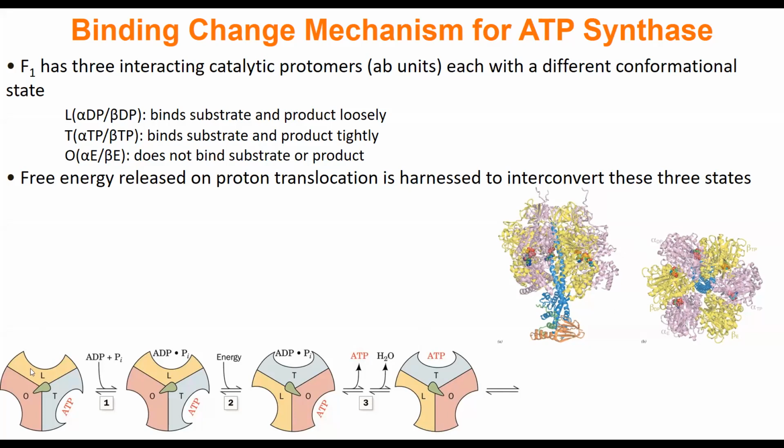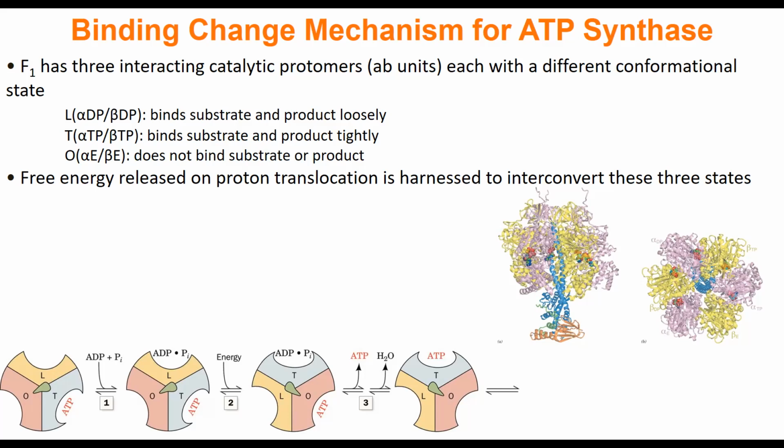These alpha and beta subunits change conformation through the rotation of F0 that we talked about. The protons are going through F0 like a carousel, and this is what's helping to change conformation. The alpha beta subunits themselves don't move, they don't rotate, but they change conformation.